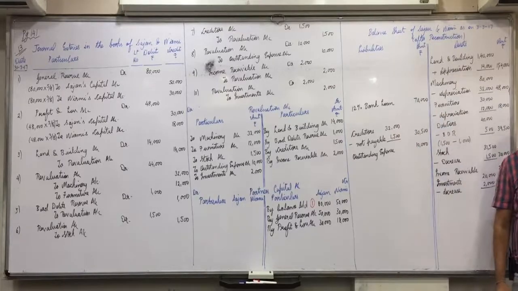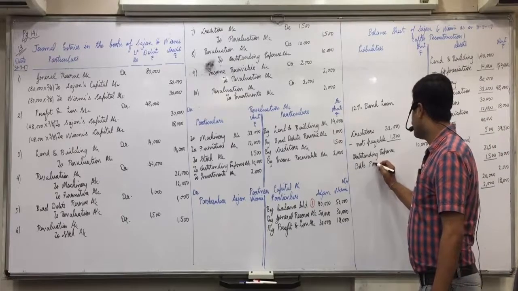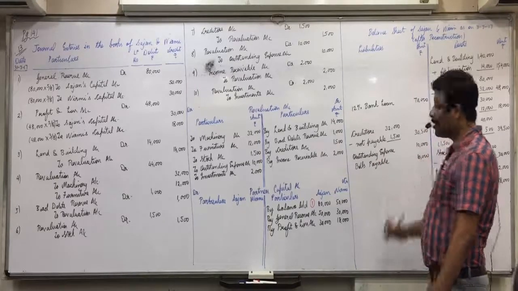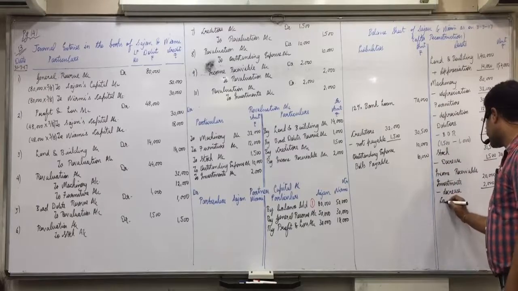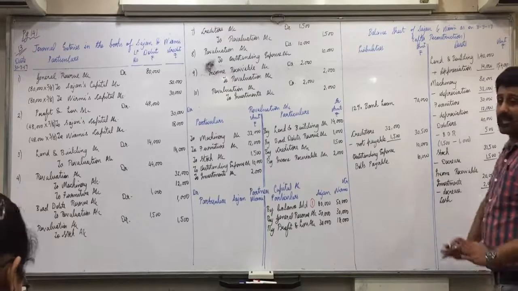All unticked items: bills payable 10,000 as it is, and on the asset side cash balance 30,000 as it is. So this is the fourth step.